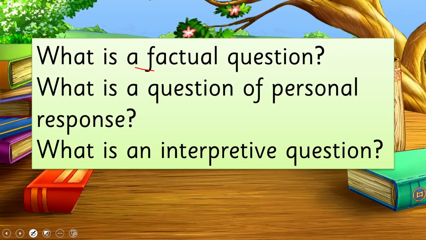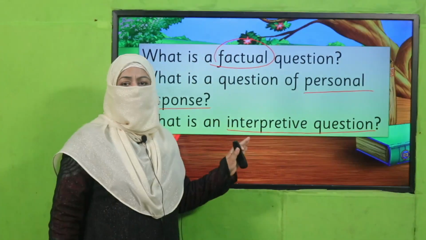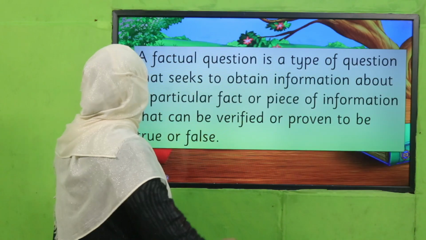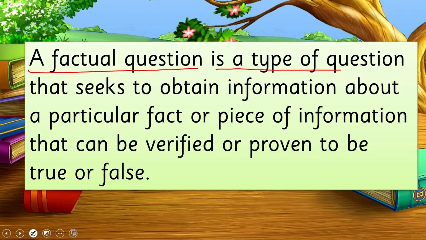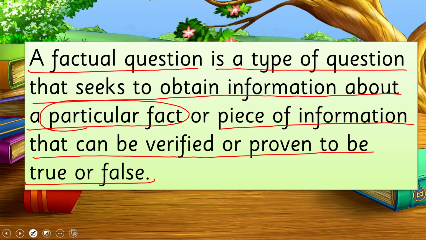Yesterday, I told you what is a factual question, what is a question of personal response, and what is an interpretive question. I hope you remember. Let's recall it again, and then we'll continue our lesson. A factual question is a type of question that seeks to obtain information about a particular fact or a piece of information that can be verified or proven to be true or false.